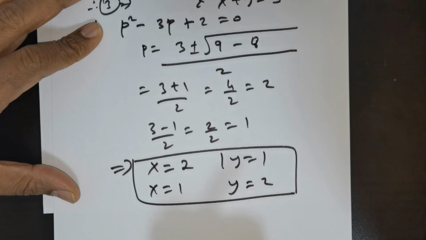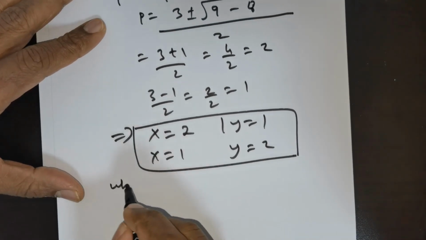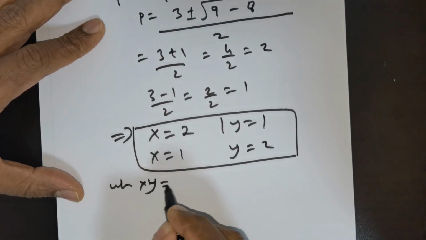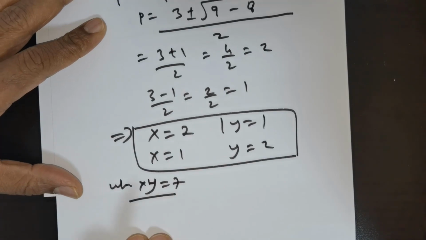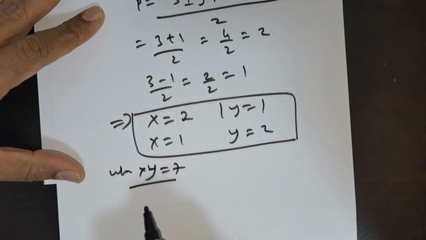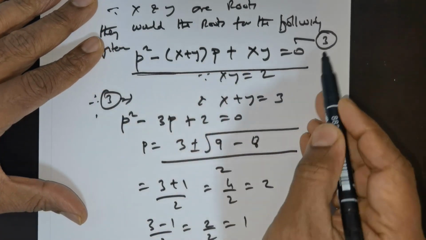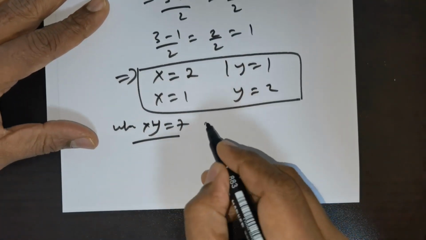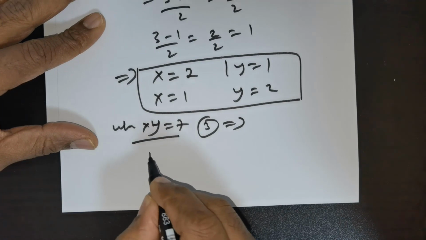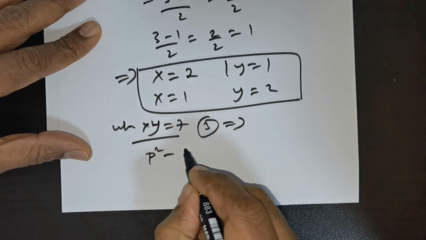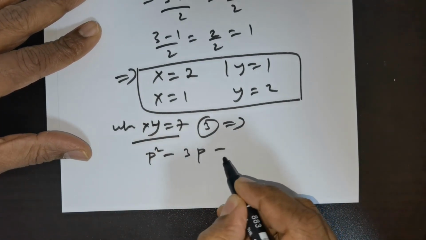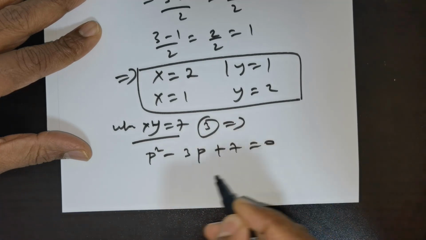Now the question is, what happens when x into y is equal to 7? So we need to get that. For that I'm just going to change the system. Equation 3 will now be rewritten as p squared minus 3 times p plus 7 is equal to 0.